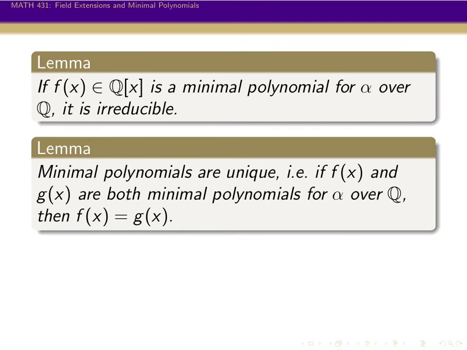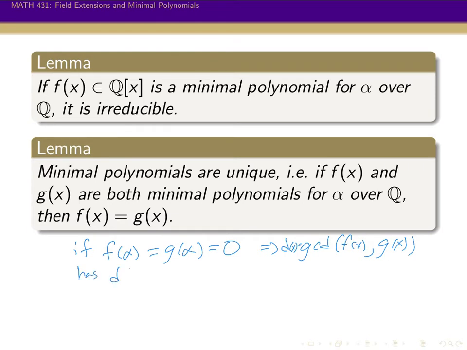And a quick way to see this is that if f of alpha equals g of alpha equals 0, then let's call d of x the monic GCD of f of x and g of x.